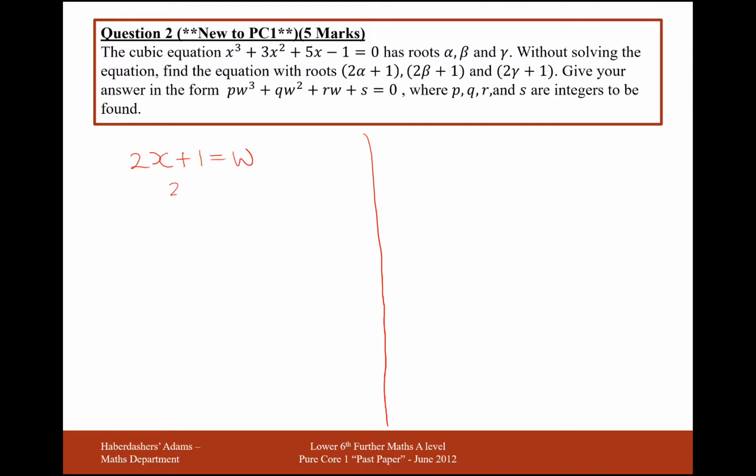Now what I need to do from here is to rearrange to make x the subject. So there we are. It's going to be w minus 1 over 2 is our value of x, and we're going to be substituting that in to our formula up here. So let's go ahead and do that.